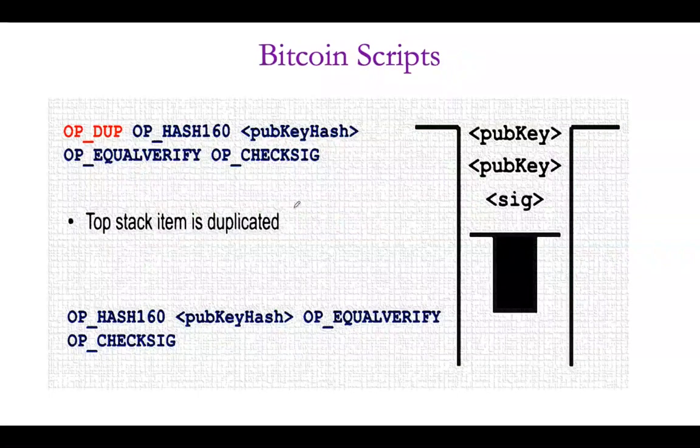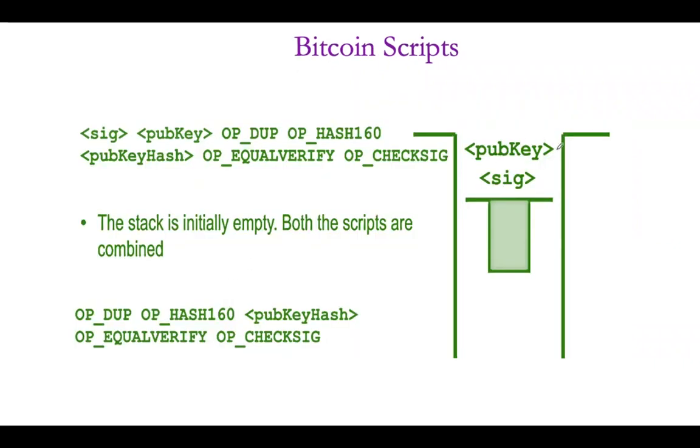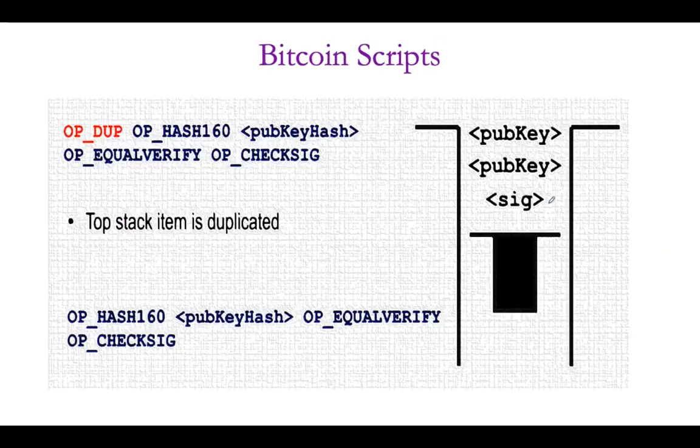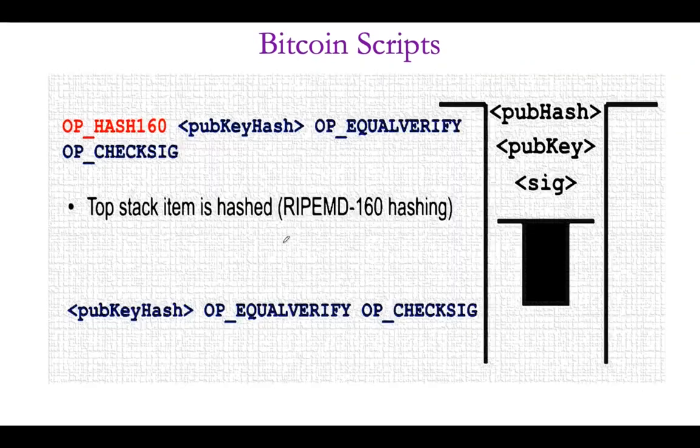That is, the operation code OP_DUP of the script says to duplicate the top of the stack. So now the top of your stack is the public key, and it is duplicated in the stack. Then it goes to execute the next operation. What is the next operation? Perform the hash.